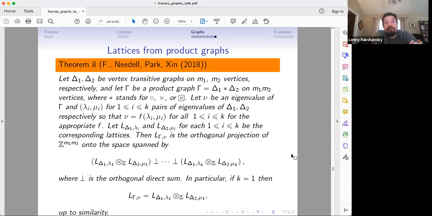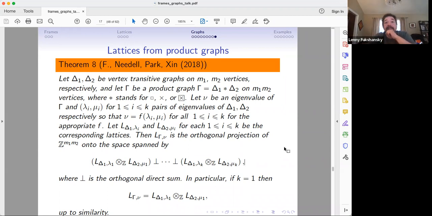Then I have the lattices generated by delta 1 and delta 2 corresponding to the two eigenvalues, lambda i and mu i. I want to understand what the lattice corresponding to the product graph looks like. It turns out to be the orthogonal projection of the integer lattice Z to the power M1 times M2 onto the space spanned by this orthogonal direct sum of tensor products.